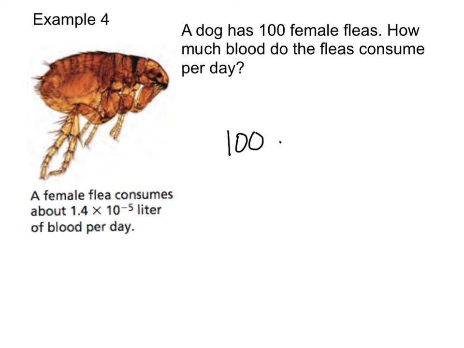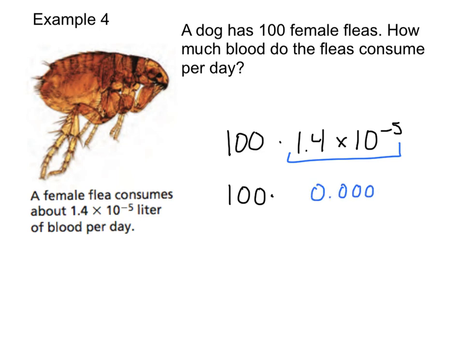You'd take 100 times 1.4 times 10 to the negative 5th power. We're going to take our decimal and move it 5 to the left, which would give us 0.0000014.